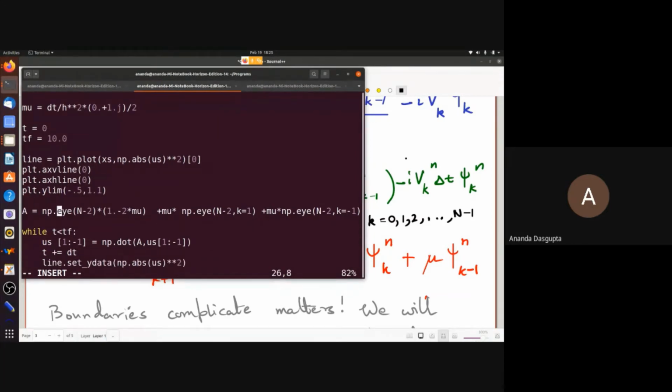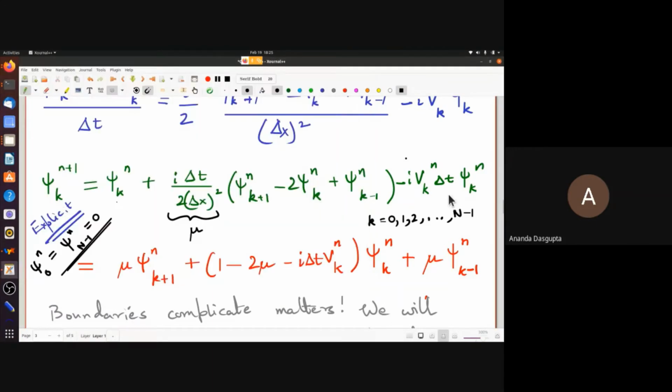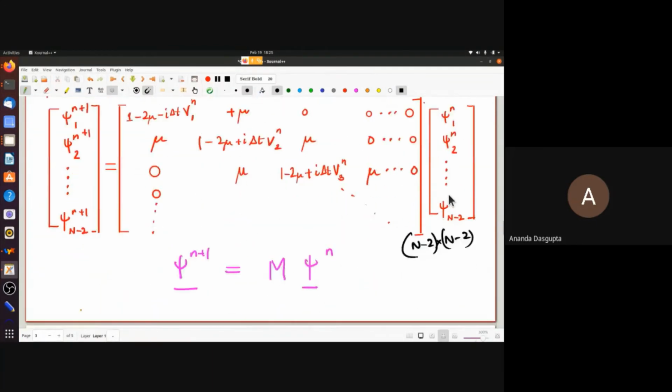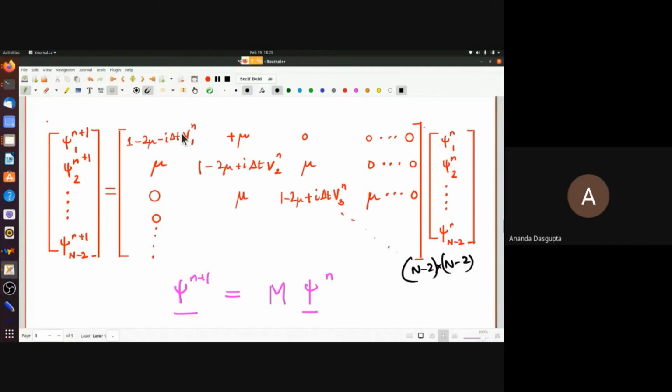So as I said, you don't need a matrix. You can just use slicing to do this. But I will just use a matrix anyway. So the matrix, what kind of matrix is this? Let me just go back to the matrix and show you. And for the timing, just forget about the V. This is the free particle that we are talking about.